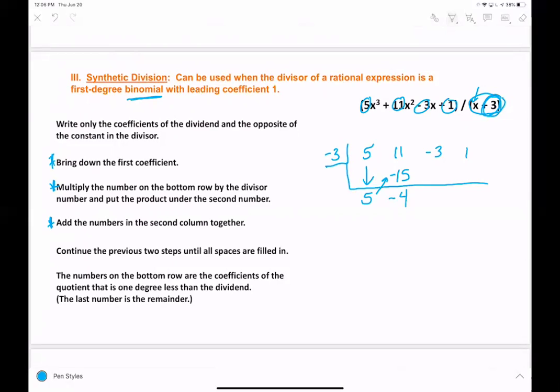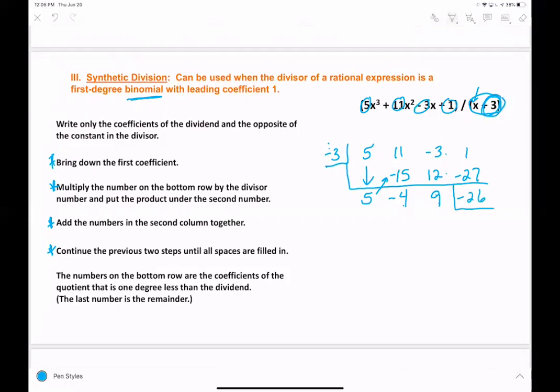We're going to continue this process. We take negative 4 times negative 3 to get 12. Then we add these two terms, and we're going to have 9 here. And then 9 times negative 3 is a negative 27, and we're going to get a negative 26.